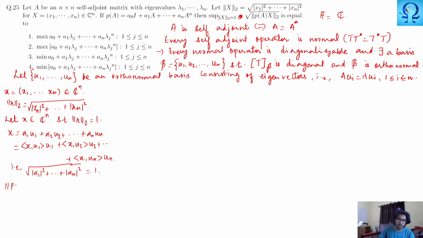Now let us find out what is P of A x. First of all, let us find out what is P of A x. P of A is given as a0 I plus a1 A plus etc. till an A power n, which is to be multiplied with alpha 1 u1, alpha 2 u2 till alpha n un.